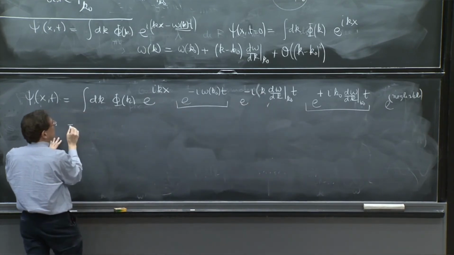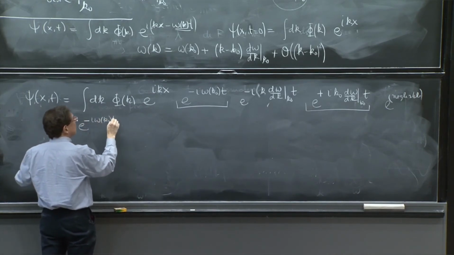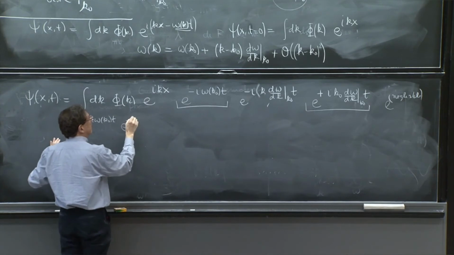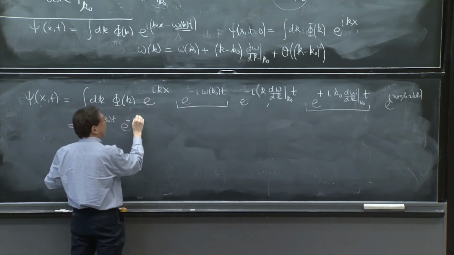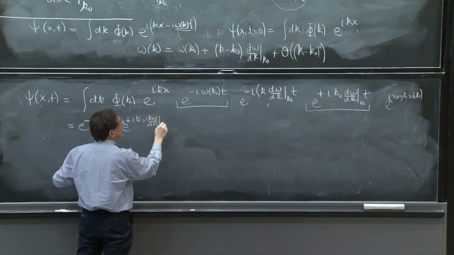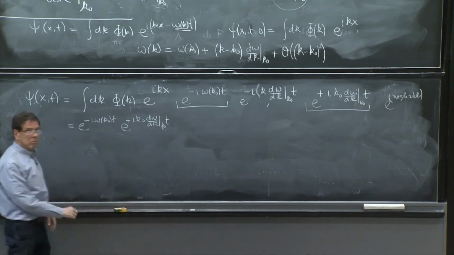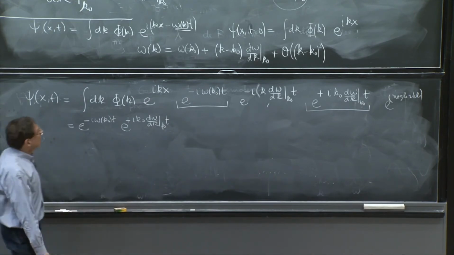So let me put here e to the minus i omega of k naught t, e to the plus i k naught d omega dk at k naught t. Ooh, looks messy.